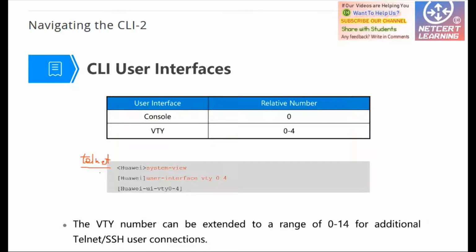How do we identify each of them? The command line interfaces have different types. First is the console. If you connect by the console interface, what you get into is the console user interface. If you use Telnet or SSH, you are connected to another type, the VTY user interface.